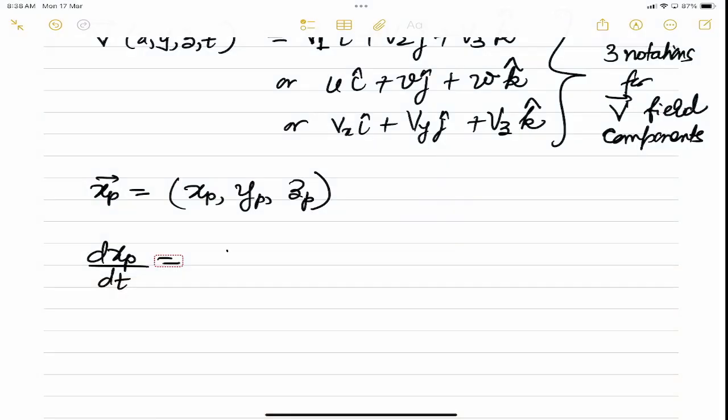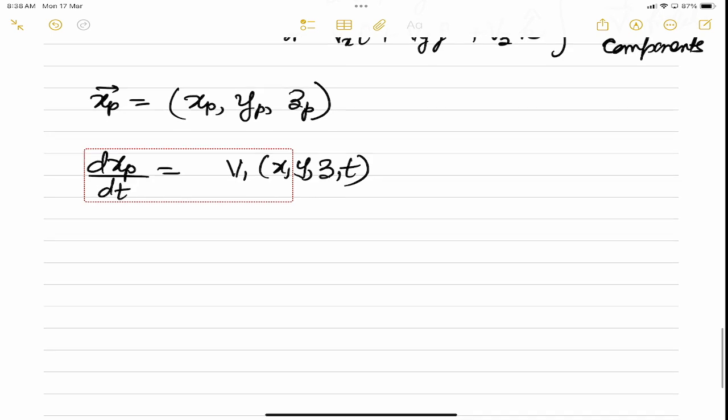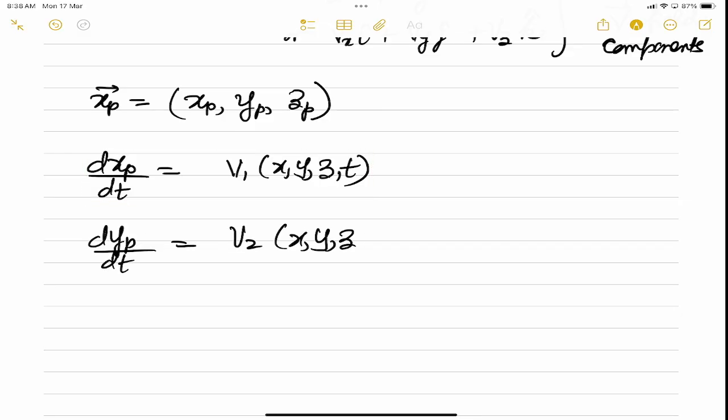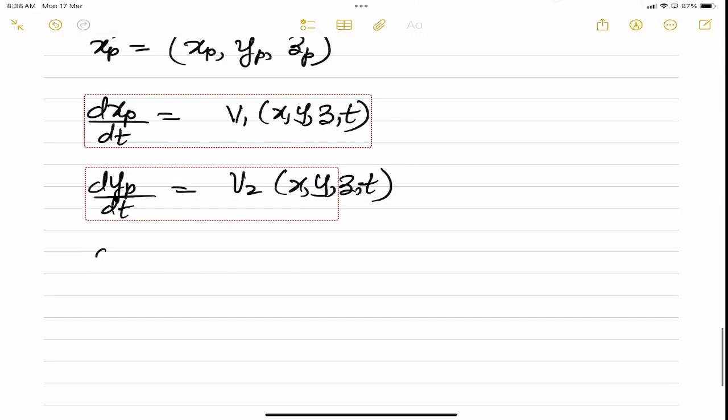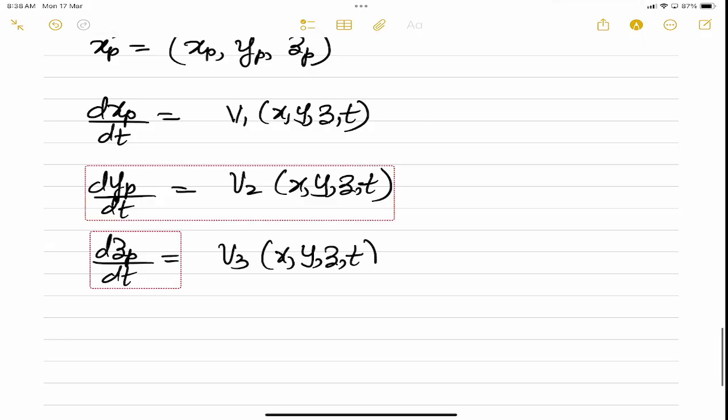So the x component of the velocity will be equal to v1 x, y, z, t, wherever that particle is. Similarly, dyp by dt is equal to v2 x, y, z, t, where x, y, z, and t represent the location of the particle.